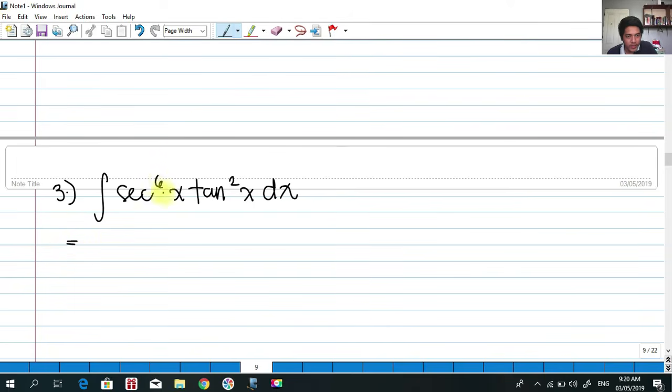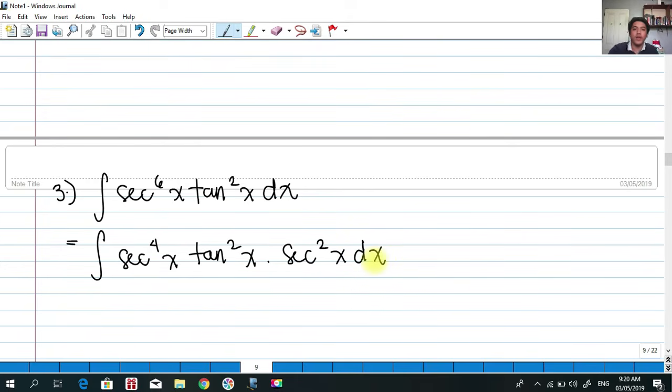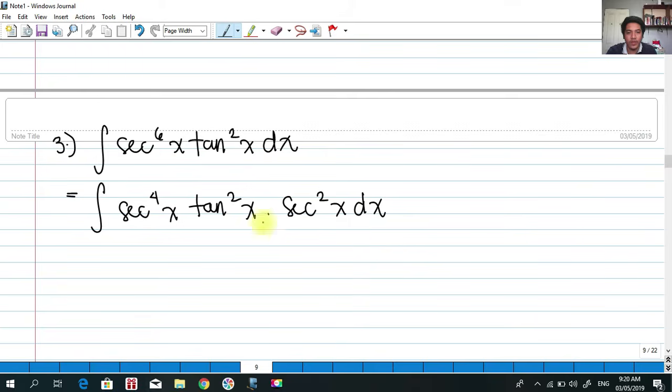So we have to strip off one secant squared x, okay? So the integral of secant raised to 4x tangent squared x multiplied by that secant squared of x dx. The very reason I stripped off secant squared x from this function is that we can use tangent of x as u, and we have already the derivative secant squared x dx.